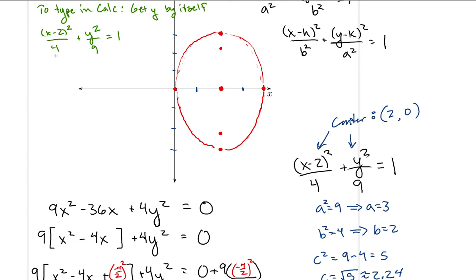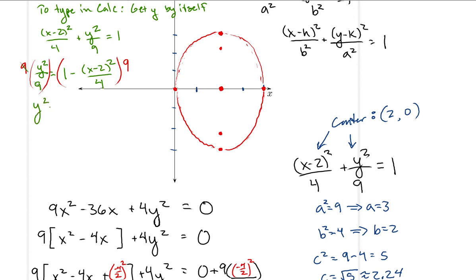So first I can just take this whole mess and subtract it over. So we would get y squared over 9 is equal to 1 minus x minus 2 squared over 4. And then, of course, we could multiply both sides by 9. And if we did that, get some nice cancellation there.